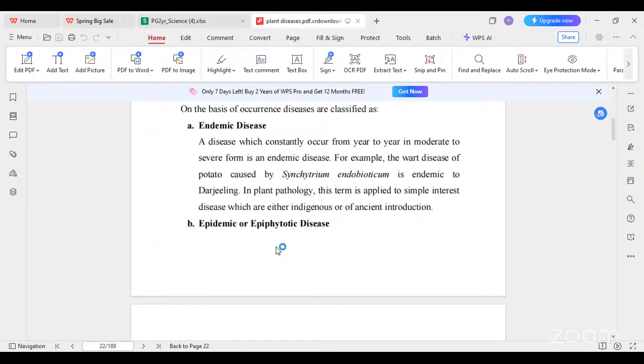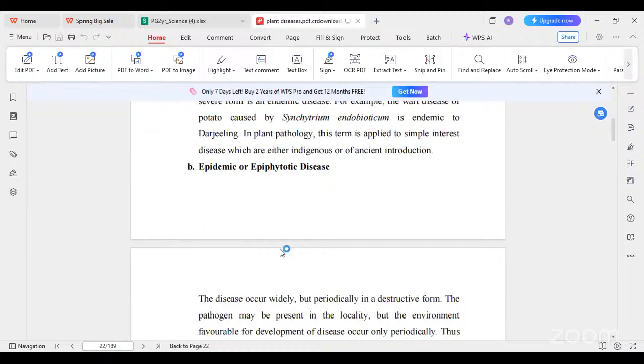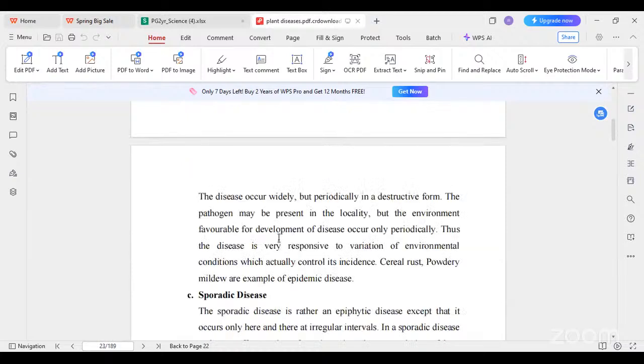caused by Synchytrium endobioticum is endemic to Darjeeling. In plant pathology, this term is applied to simple diseases which are either indigenous or of recent introduction. Epidemic or epiphytotic disease: this disease occurs widely but periodically in a destructive form.